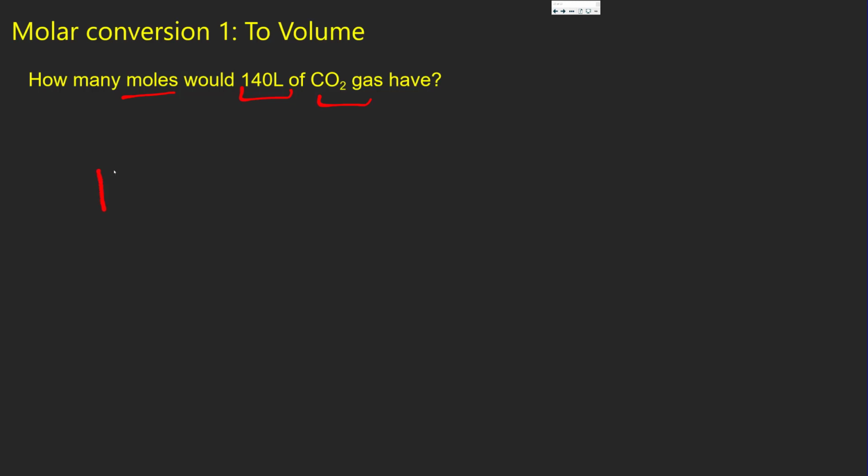So let's start off by writing 140 liters, times division bar. I need to get rid of this liters unit, so liters is going to be at the bottom, and moles at the top. My conversion factor is that for every 1 mole, I'm going to have 22.4 liters. So this is your new unit conversion factor, right?